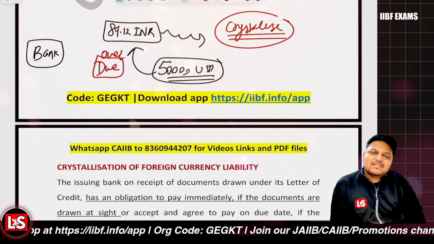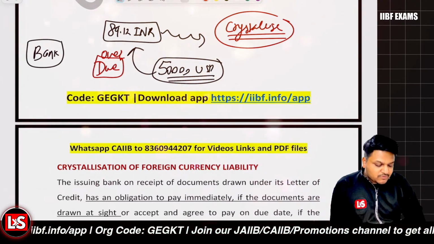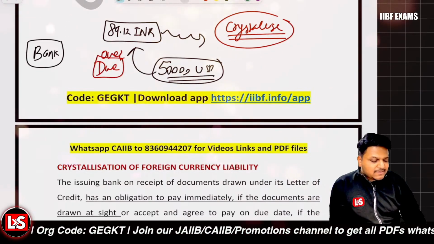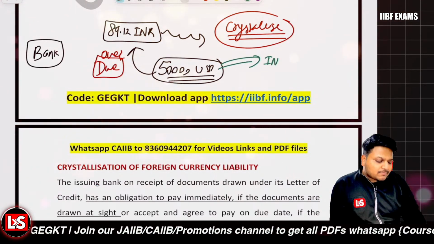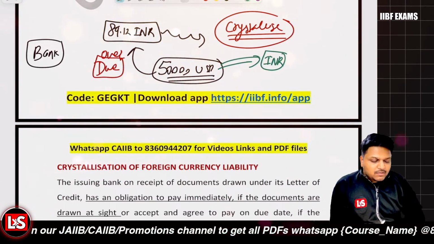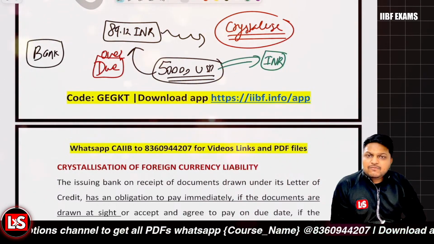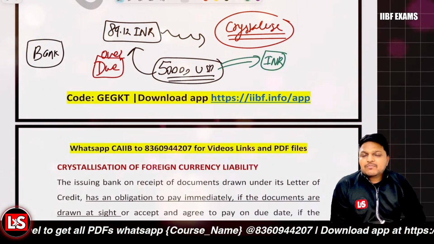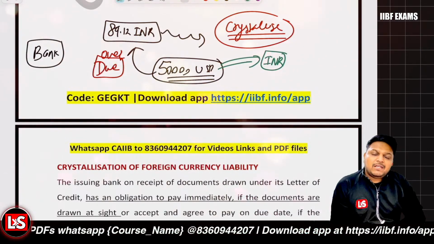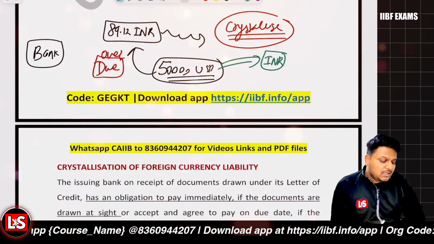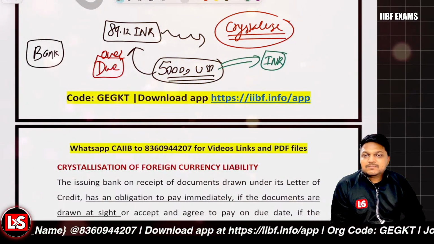We are to crystallize this value, which means we are to convert this exposure into INR, so that even if the currency rate is volatile and may increase or decrease, it will not be impacting us.